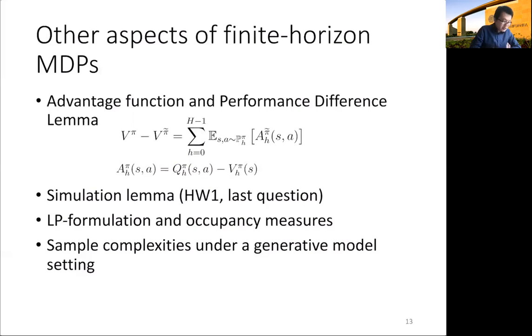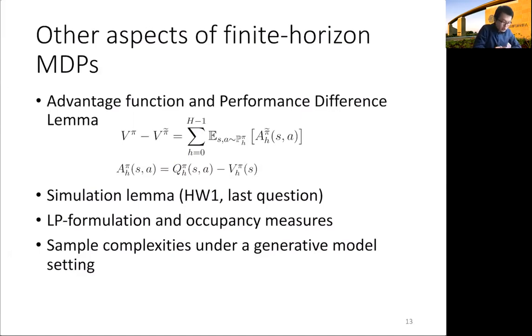All right, there are other aspects of the finite horizon Markov decision processes, like the performance difference lemma and how you define the advantage function. It is still very similar, right? Instead of the discounting factor and the occupancy measure, now the occupancy measure is for every horizon index separately.